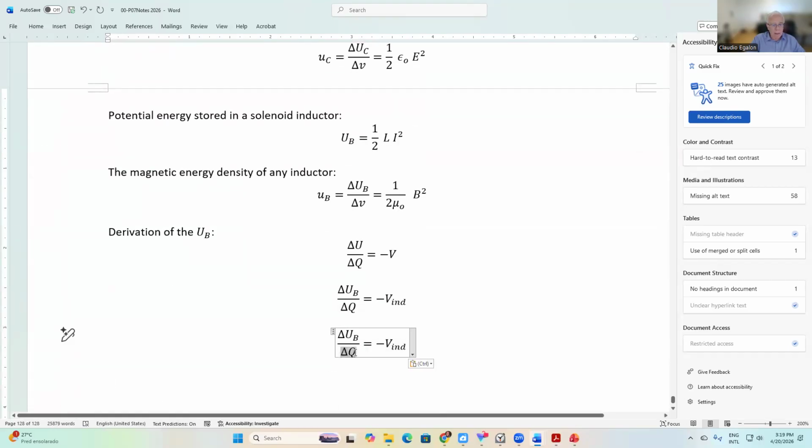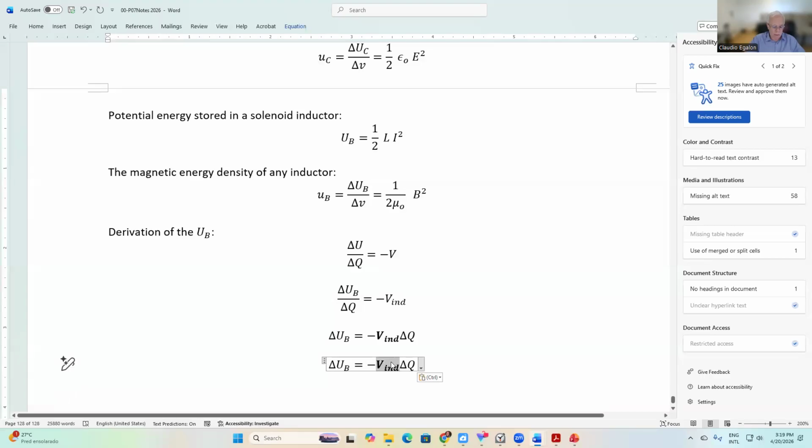So here you go. I'm going to pass my delta Q to the other side. And then I'm going to boldface the induced voltage. When I boldface the induced voltage, all I have to do is plug in Faraday's law there.